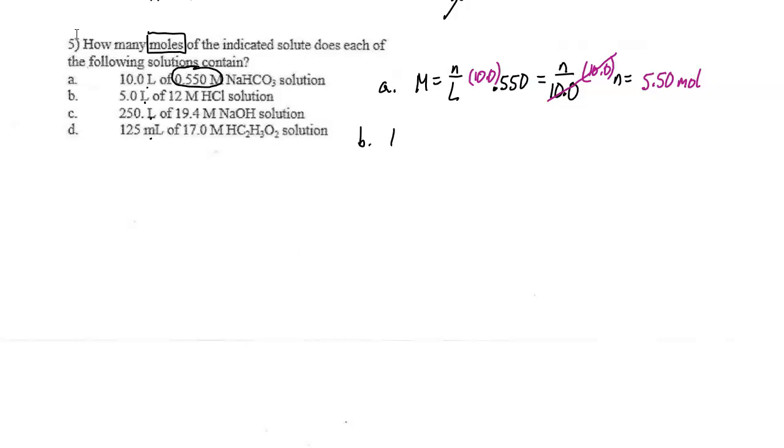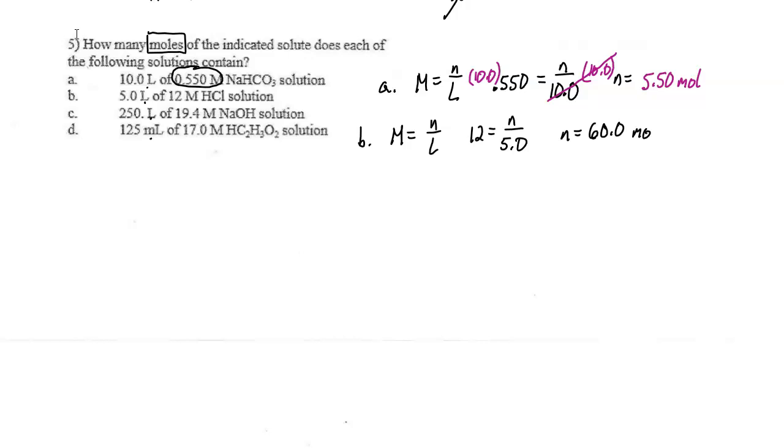Question B, same formula. The molarity is 12. The number of moles is unknown. The liters is 5.0. To get N alone, you multiply by the 5.0. 12 times 5 is 60.